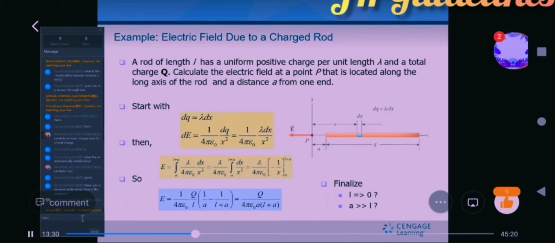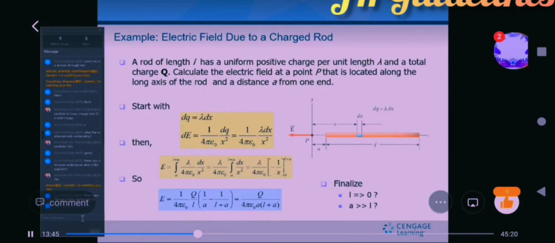So how many charges in the portion of dx? Send me the answer through the text. Anybody, you can do that.